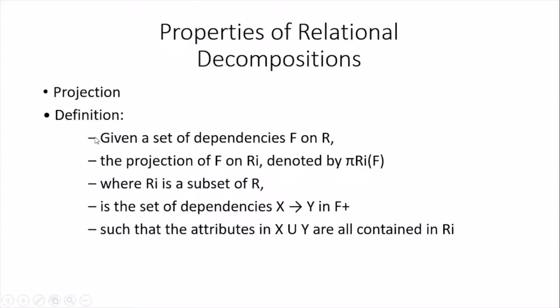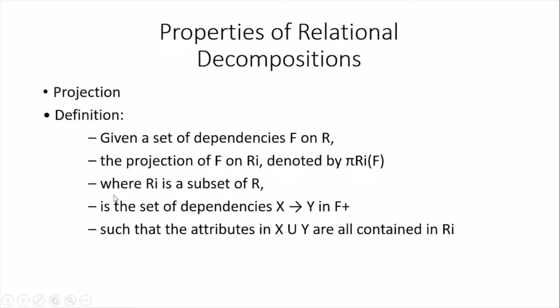We have a given set of functional dependencies F on R, where R is the universal relation schema. The projection of F on Ri we can denote by pi Ri of F.